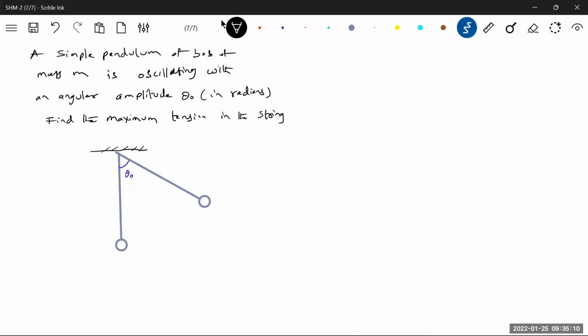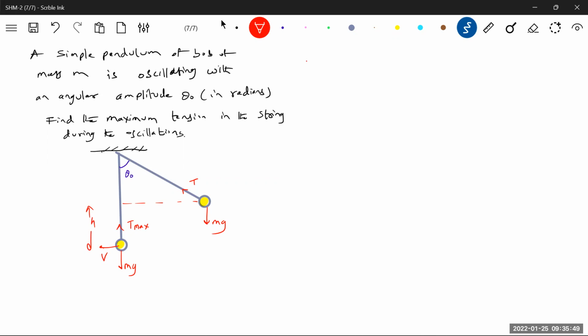Okay, the tension here, with mg, this will be maximum, I feel. It is asking for this maximum tension. So it will descend some height h.